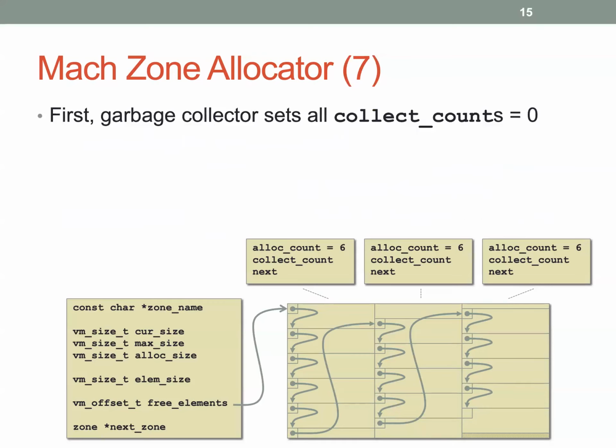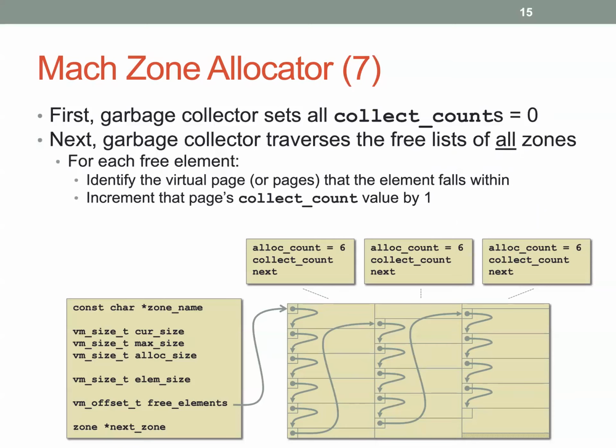So the garbage collector goes through and sets all the collect counts to 0. Then it follows this free elements list. Basically, it looks for the virtual page or pages that the element falls within, and then it increments that page's collect count by 1. Hopefully you can see where this is going.